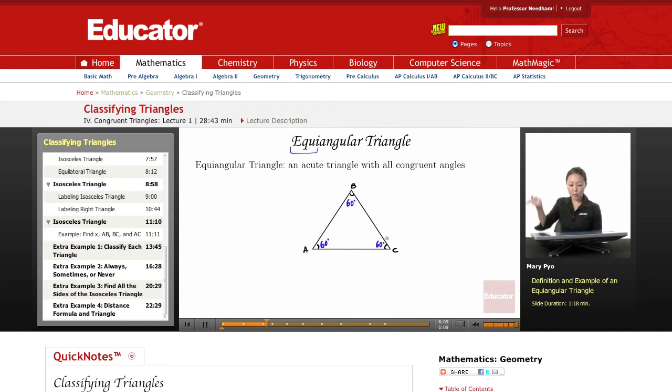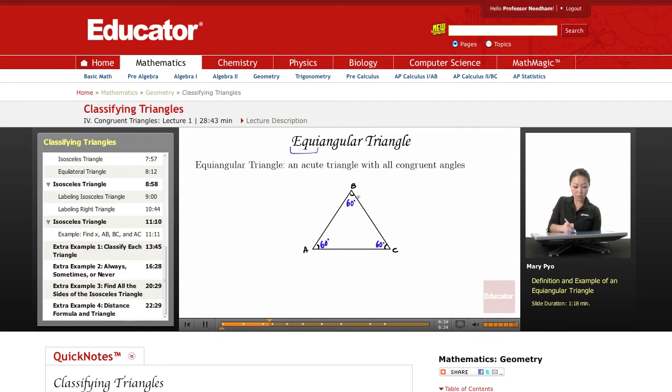Now, we're going to go over this later on, but the three angles of a triangle have to add up to 180. Okay? So if all three angles are congruent, then I just do 180 divided by 3, because each angle has to have the same measure in degrees. So 180 divided by 3 is going to be 60.